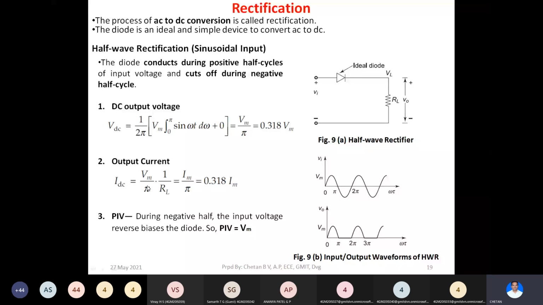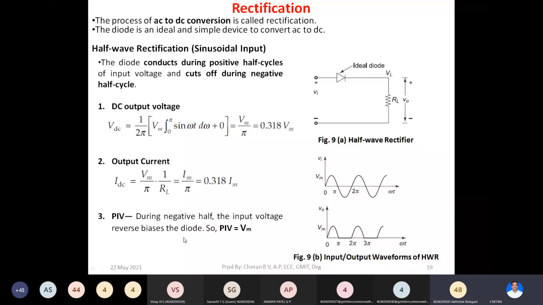In turn you can take this Vm by RL as Im, the peak value of the output current. Im will be equal to Vm by RL. Therefore, you will get Im by pi. And here also the value of 1 by pi is 0.318.